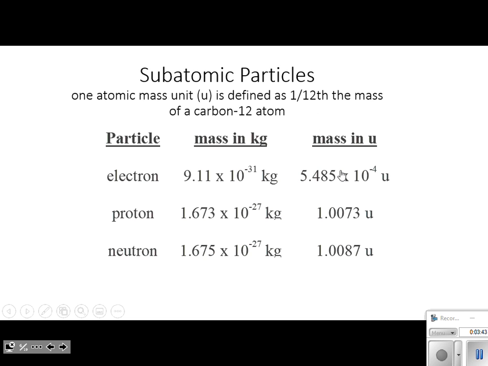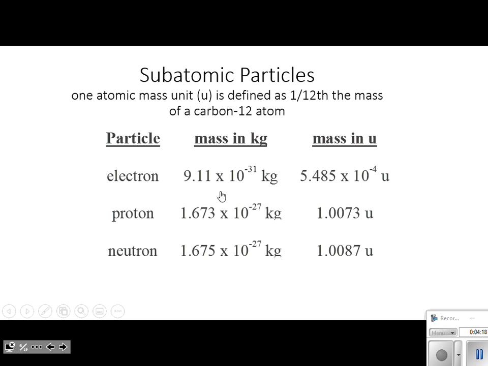Now, we talked about this before, but here are the masses. 1.0073 atomic mass units for a proton, 1.0087 atomic mass units for a neutron, and look right here, 5.485 times 10 to the negative fourth atomic mass units. So we described before that in terms of weight, the electron was very, very negligible. It was so small that we didn't even usually count it in terms of the mass of an atom.